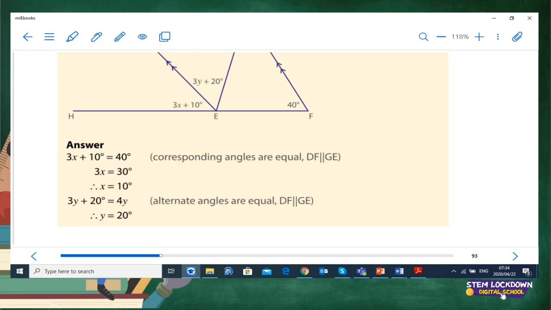So as I said initially, you equate 3x plus 10 and 40 degrees. And those are corresponding angles because DF is parallel to GE. Secondly, you equate 3y plus 20, as I've said, with 4y.